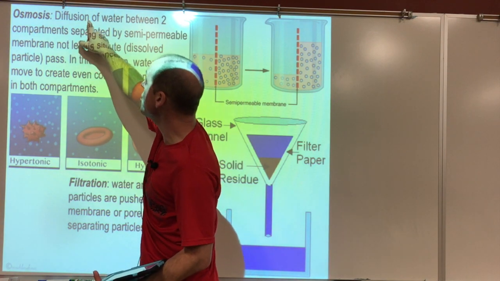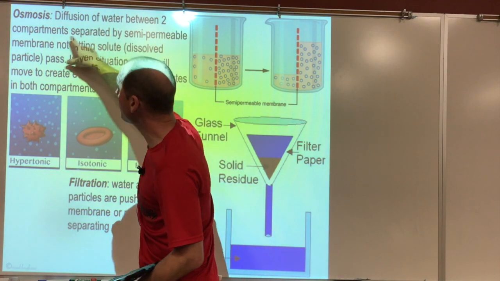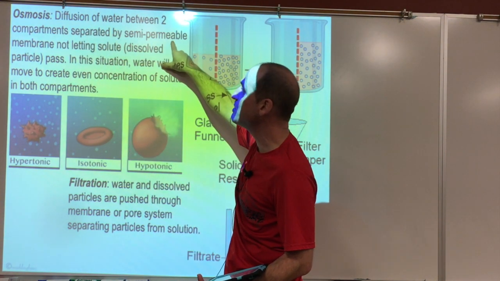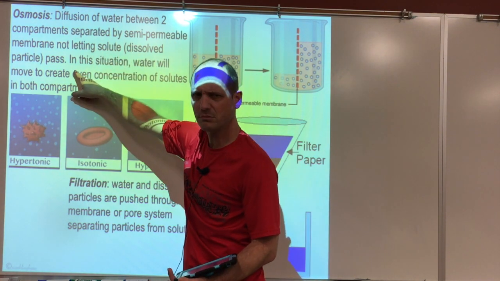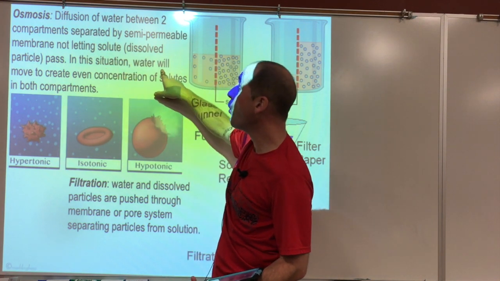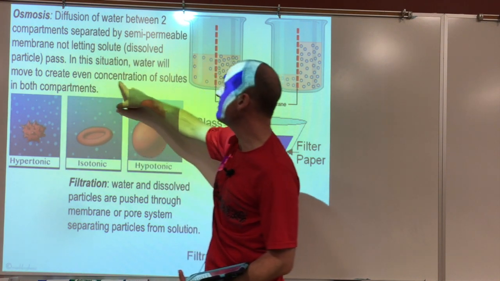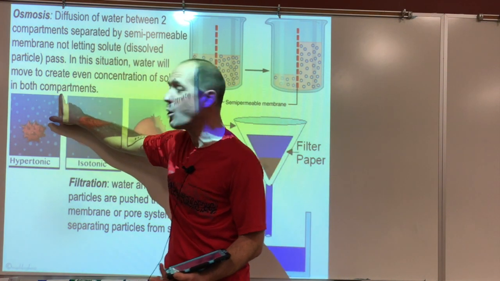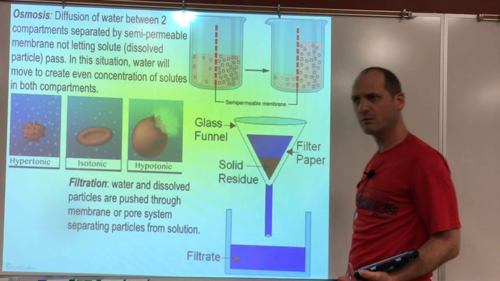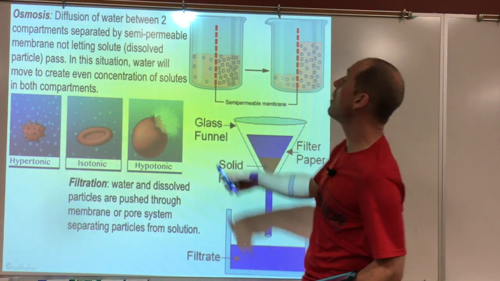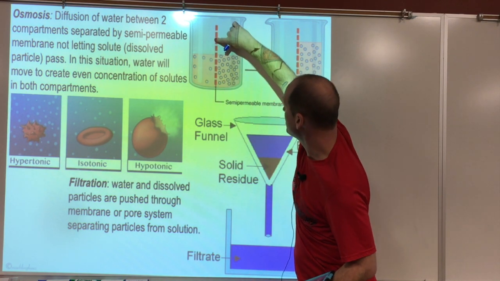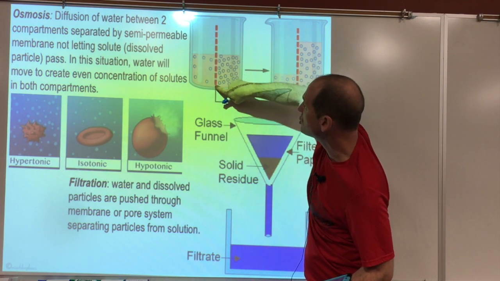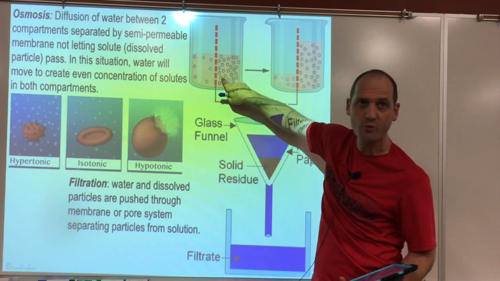Osmosis is the diffusion of water between two compartments separated by a semi-permeable membrane, not letting solutes pass. In this situation, water will move to create an even concentration of the solutes in both compartments. That gets a little more complicated. So now what we have is a beaker with two parts, and we have this membrane here that does not let the particles go through.